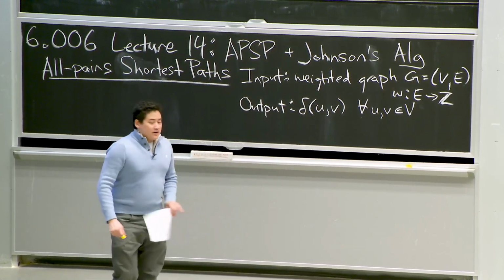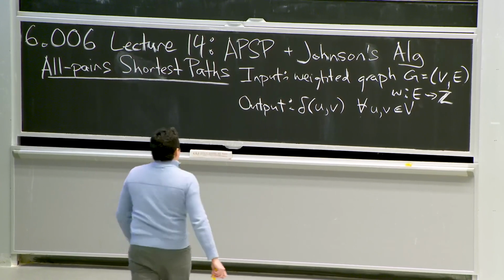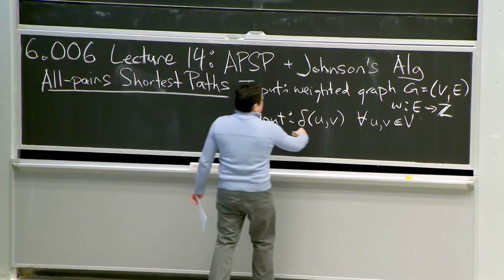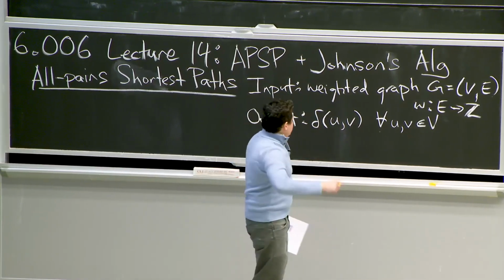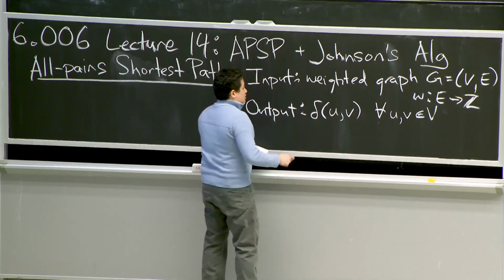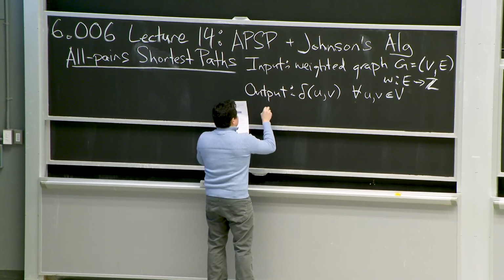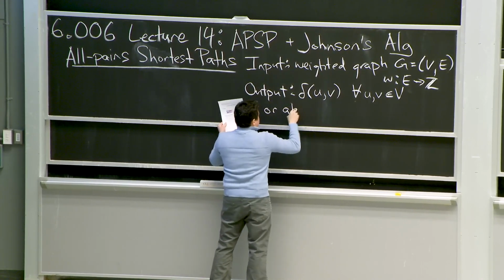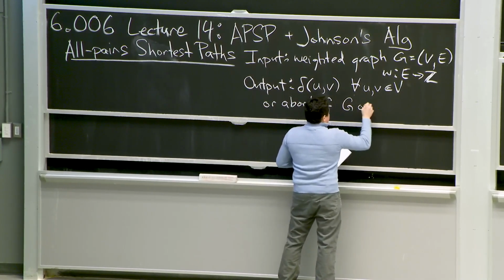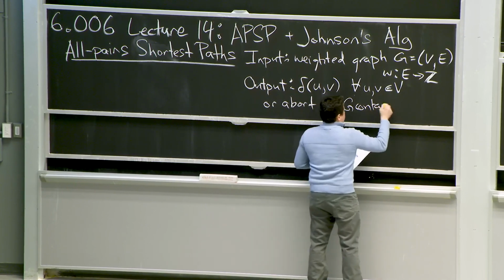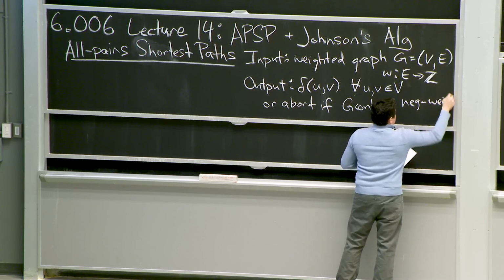Now, there's one caveat here: if there's a negative weight cycle in our graph, in other words, if any of these delta(u, v) is minus infinity, then we abort if G contains a negative weight cycle.